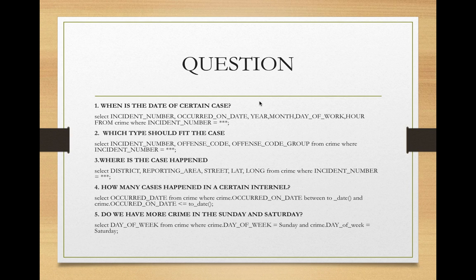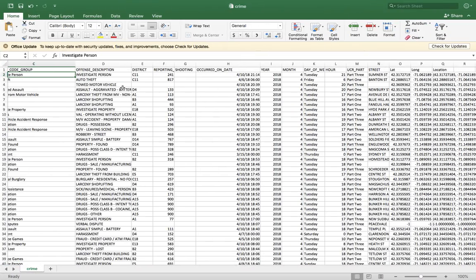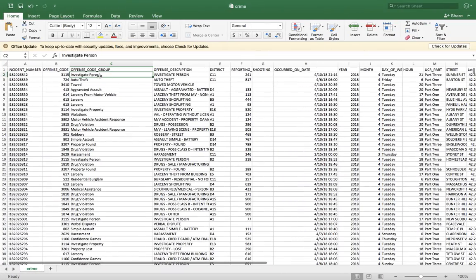So our second question is, what is the case type? It's also important. In our data set, we have a lot of types like investigate person, auto theft, aggregate assault.